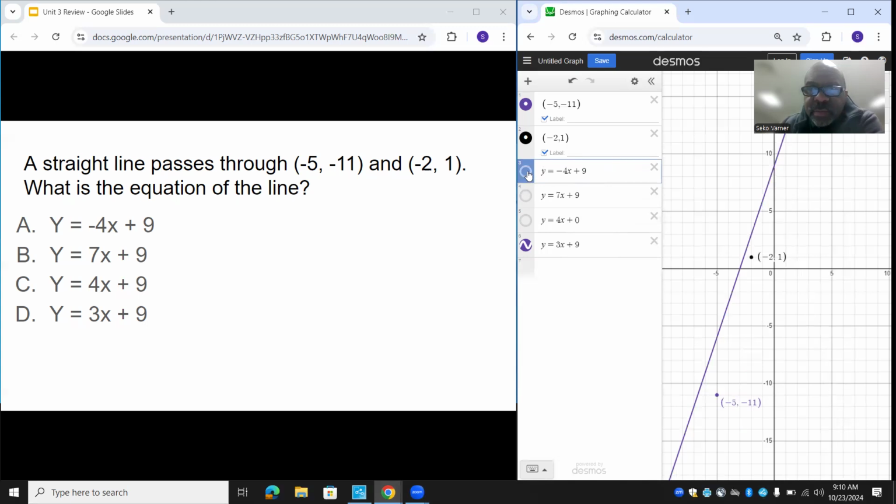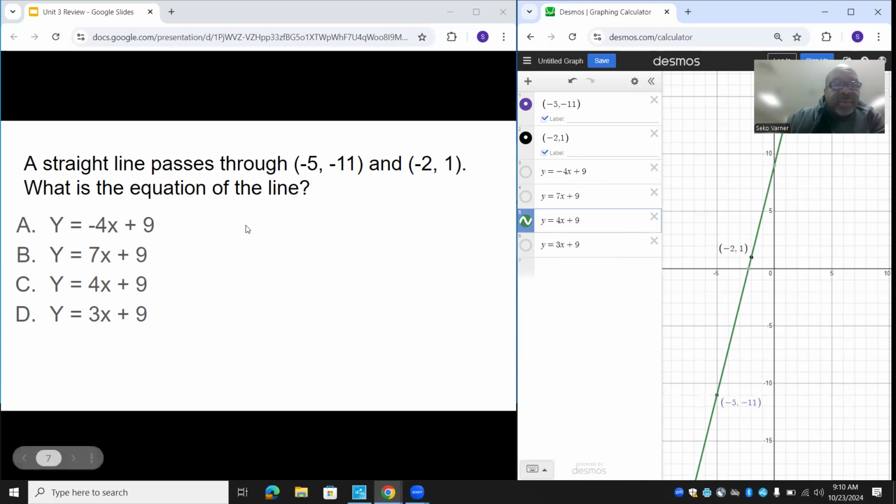That's not it. We have y equals 7x plus 9. That's not it. We have y equals 4x plus, oh, I put a 0, it should have been a 9. All right, let's see if that's it. That's it. It goes right through. So now we know that the answer is y equals 4x plus 9.